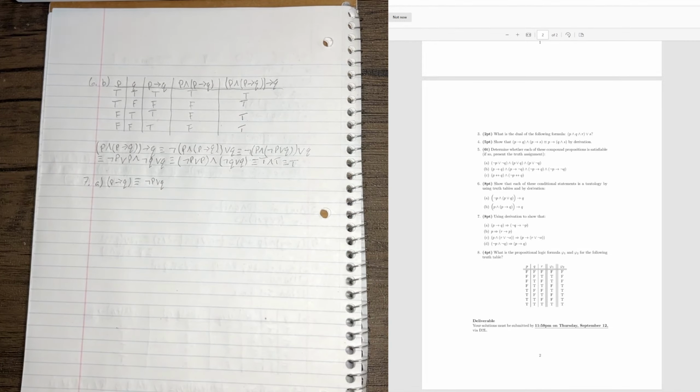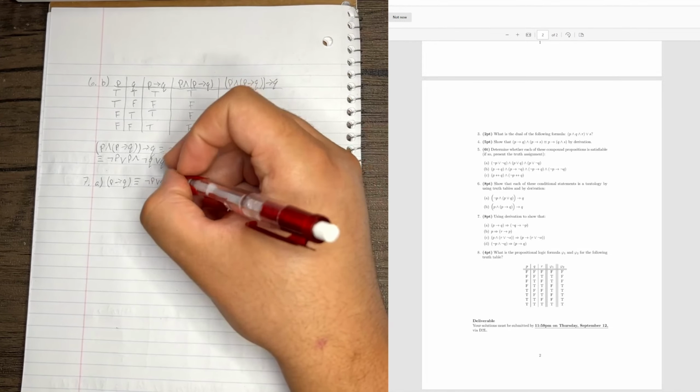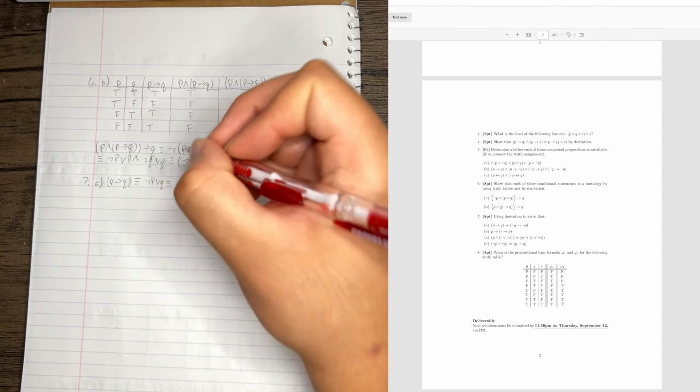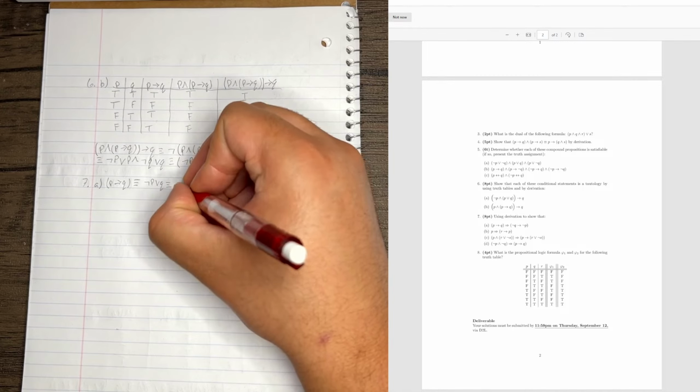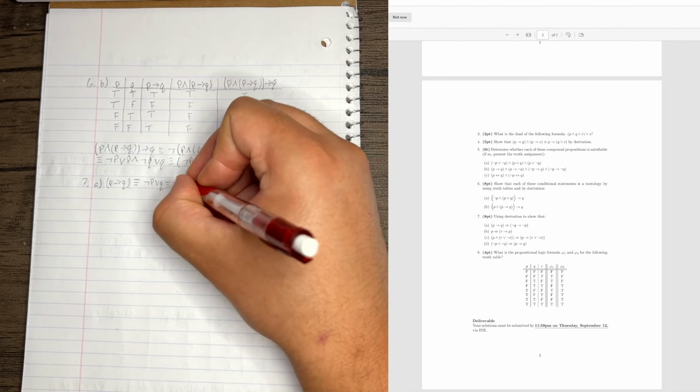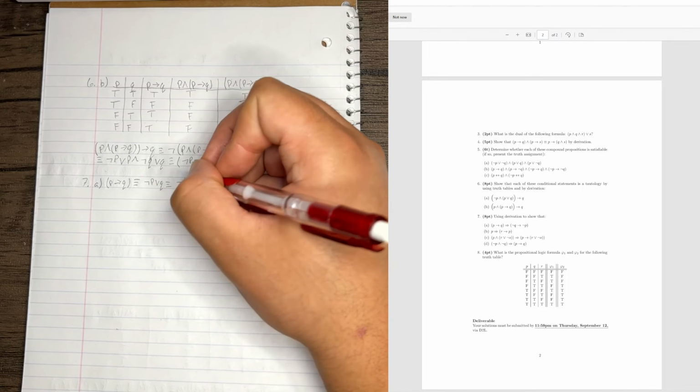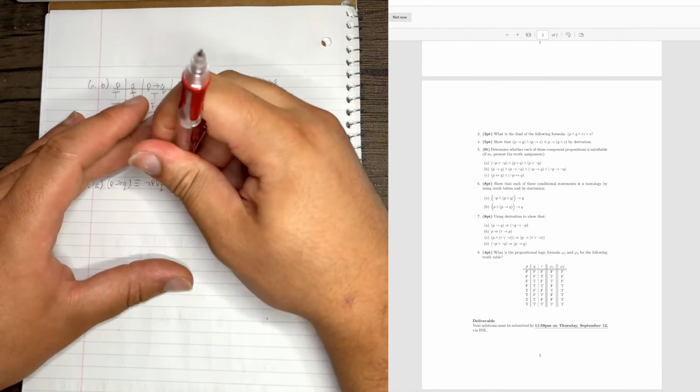Yeah. Which is equivalent to not P and, let me actually do it step by step.